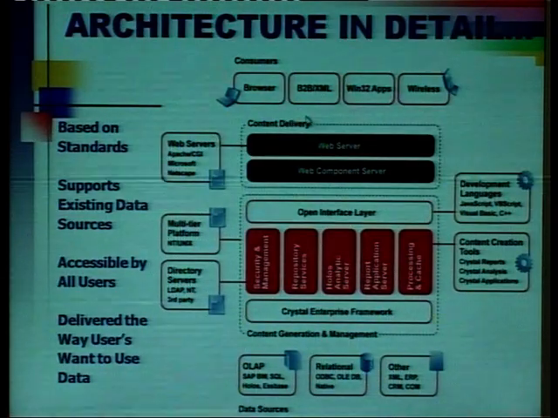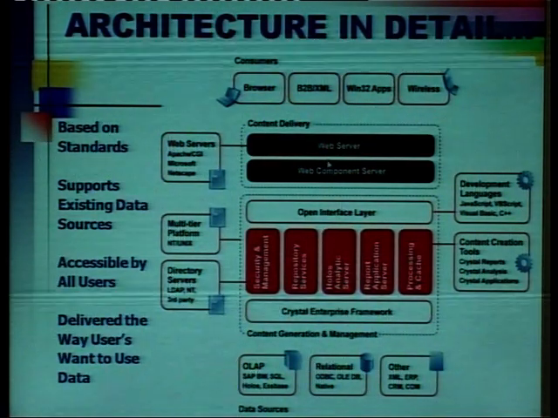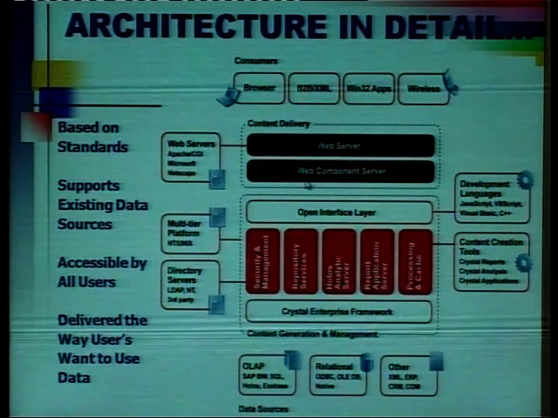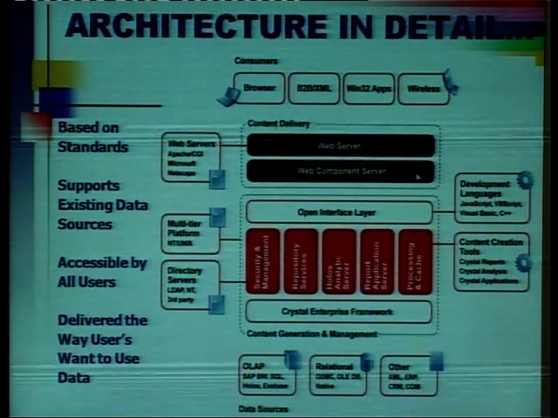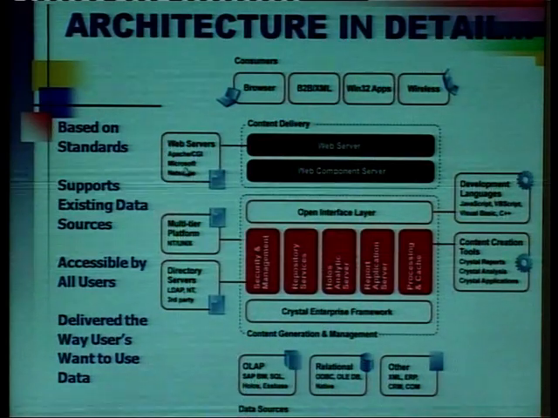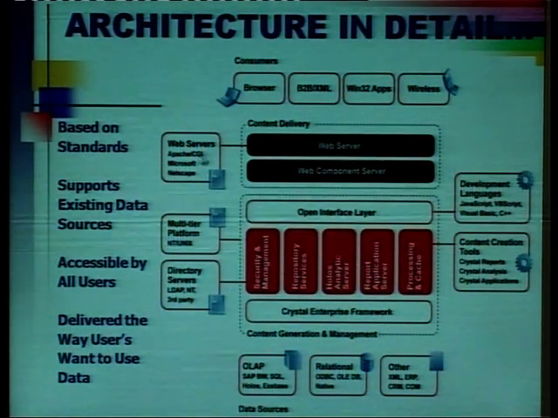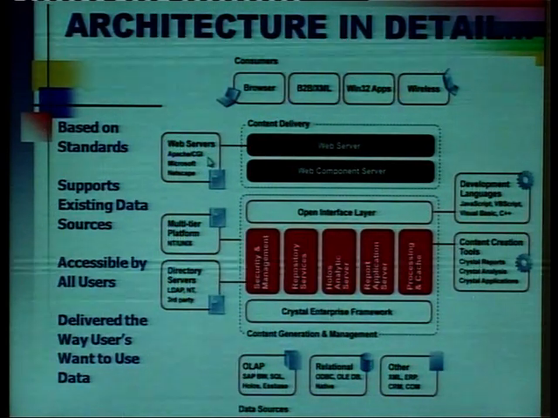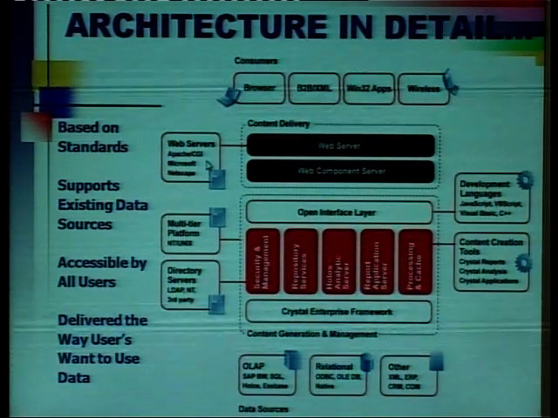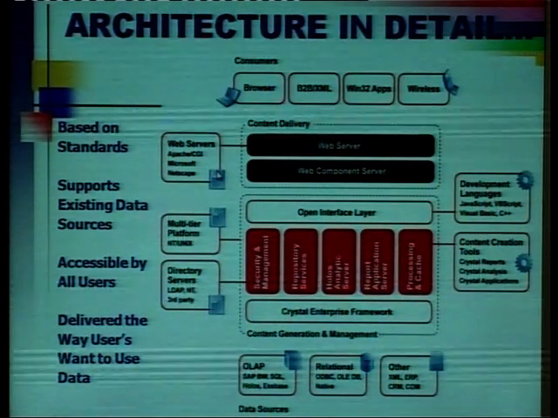Here is the content delivery portion of the architecture, which contains a web server and a web component server. The web servers can be Apache, that is CGI, Microsoft server and Netscape Navigator.